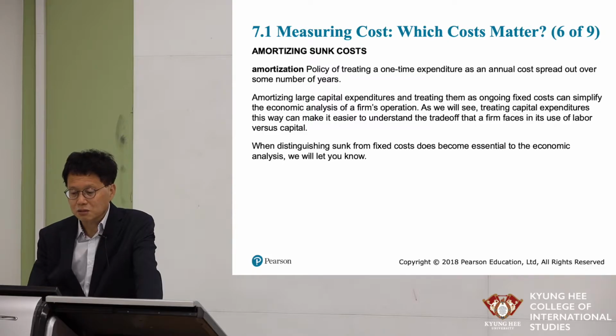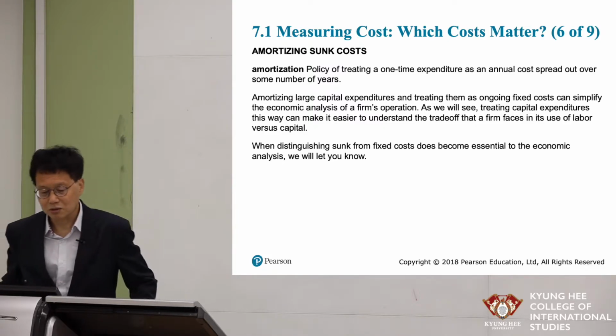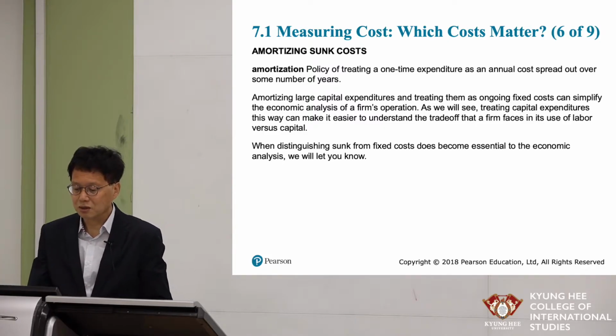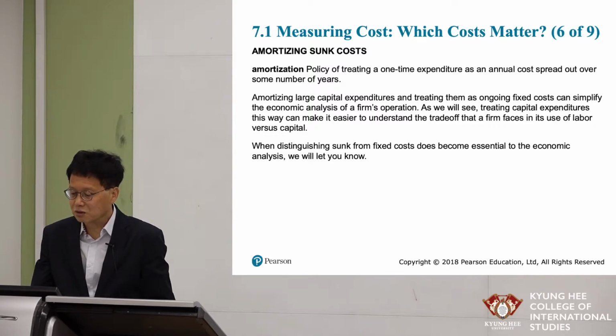So, slide number 9. Amortizing sunk costs. So amortize means, in Korean, 감가상각, right? Amortization is the policy of treating a one-time expenditure as an annual cost spread over some number of years.